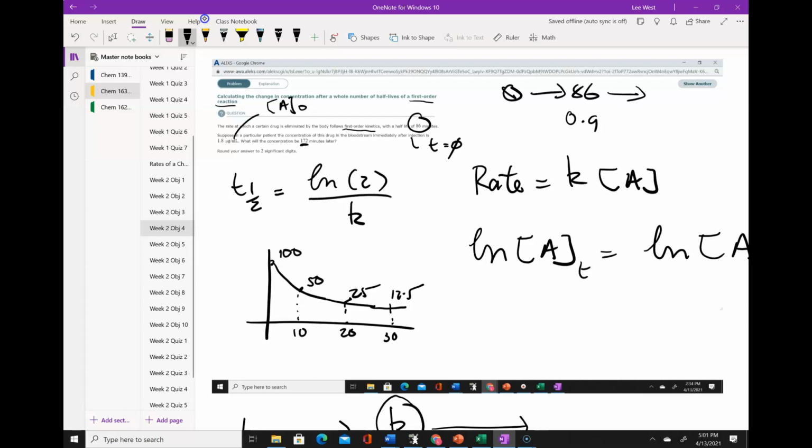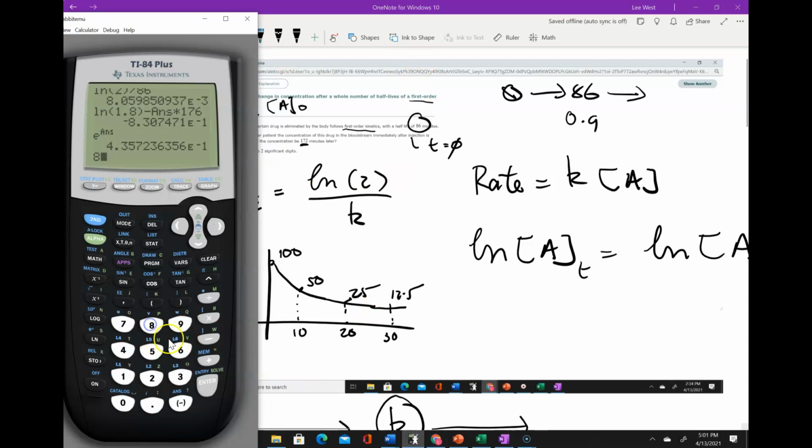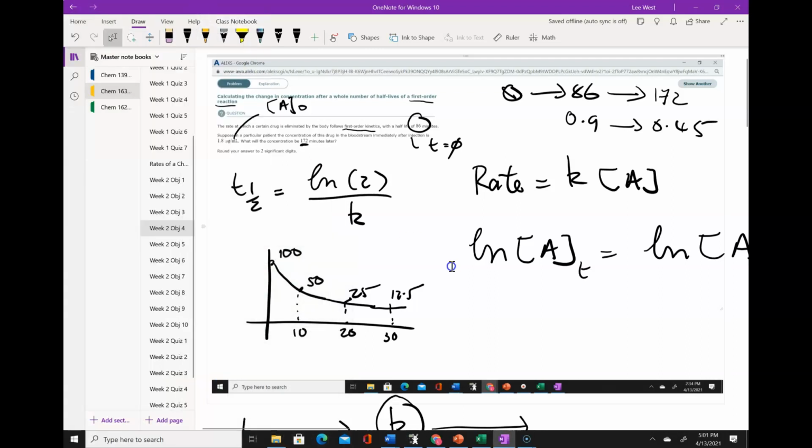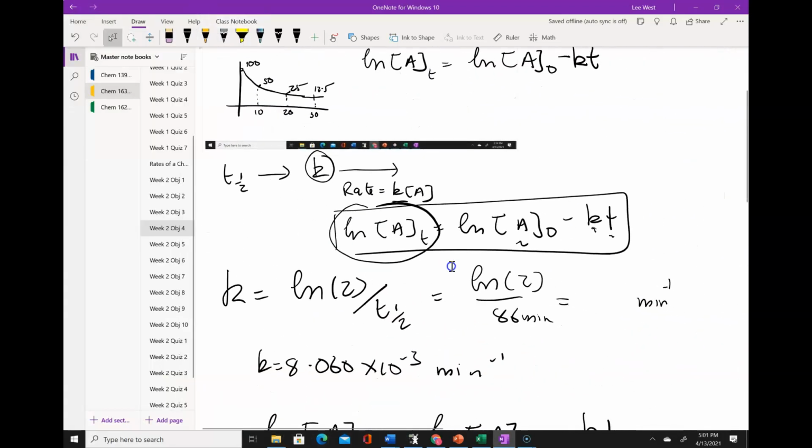If we add another 86 to that, where do we end up? 86 plus 86, we go another half-life. Who'd have thunk it? We've gone 172. Right? So it should halve again and be 0.45. And that's exactly what we discovered.